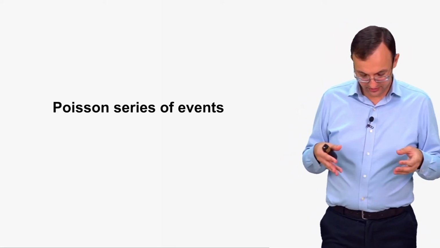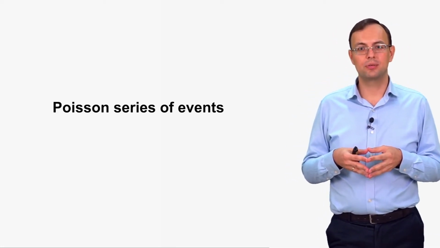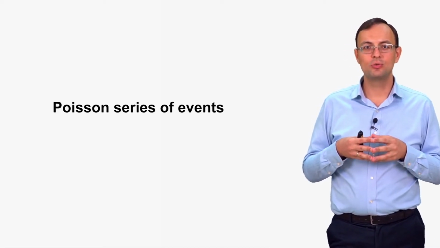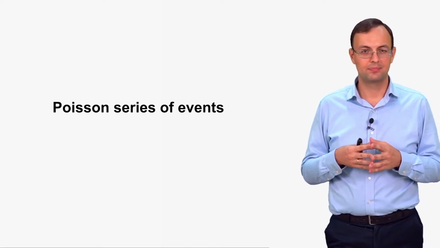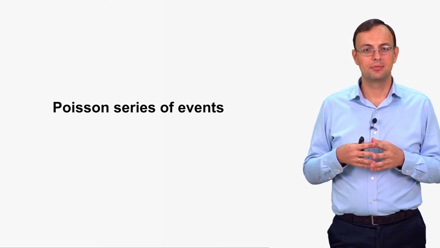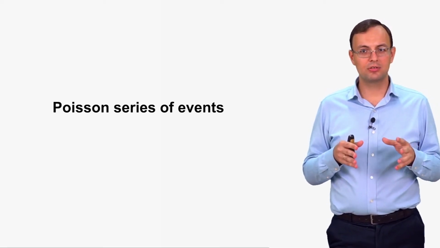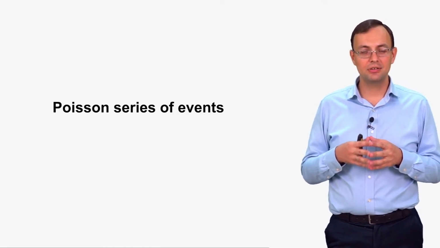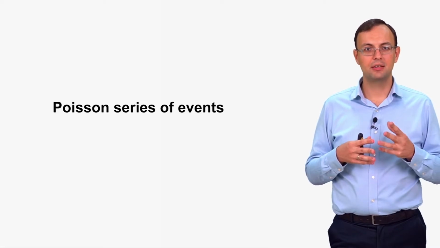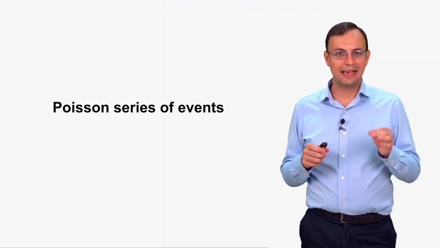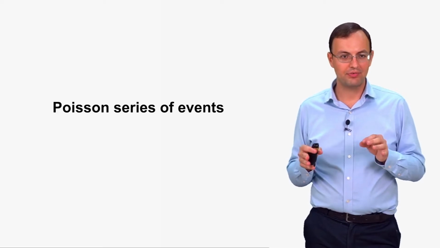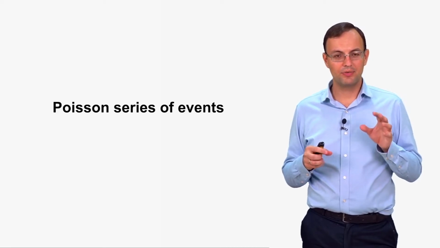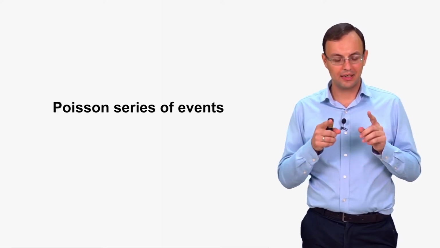To be called not just a series of events, but a Poisson series of events, a series has to meet 3 conditions. So what is an intensity of a series of events? Intensity is an average number of events that happen in a unit of time.